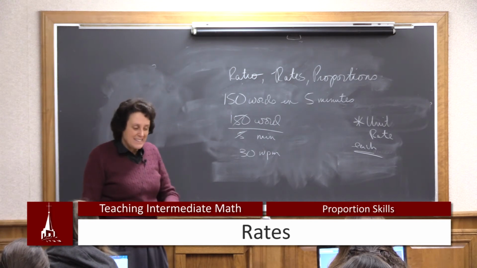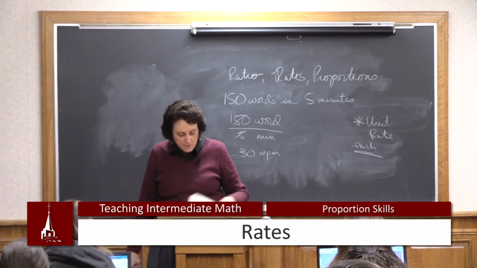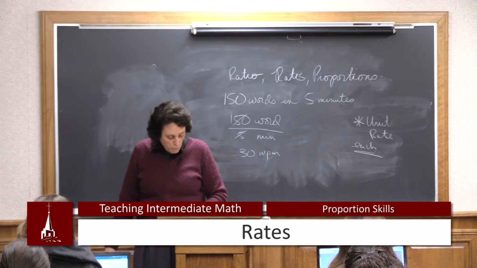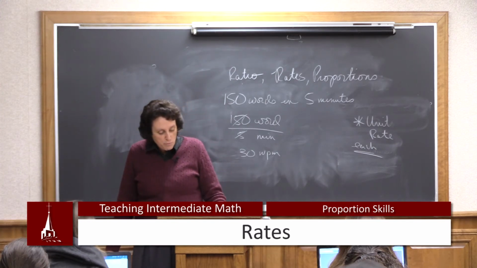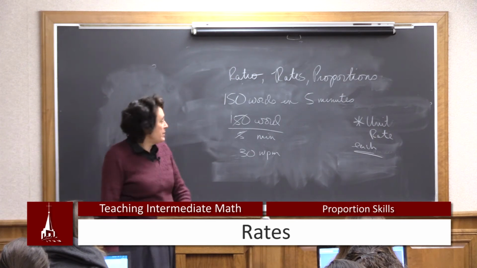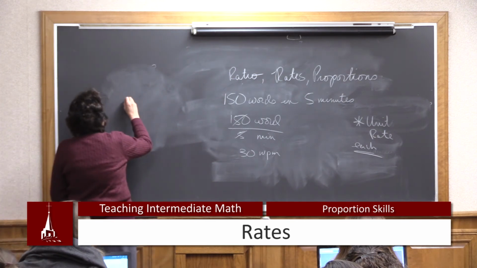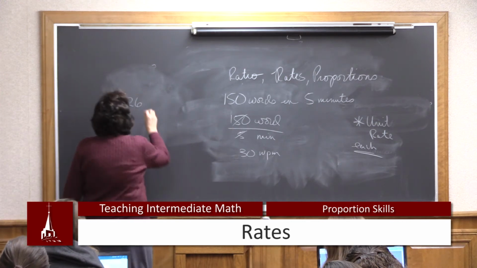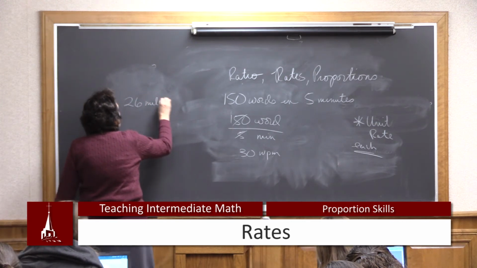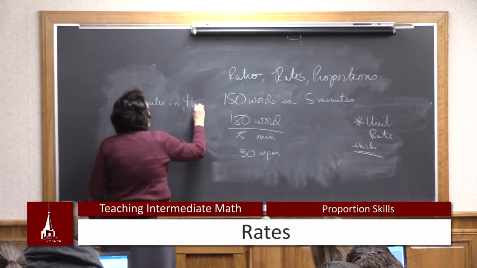There are other rates. If you look in the book, you can see 4.1 is the section on writing ratios. 4.2 is the section on writing rates. And they begin with this rate, 26 miles in 4 hours.